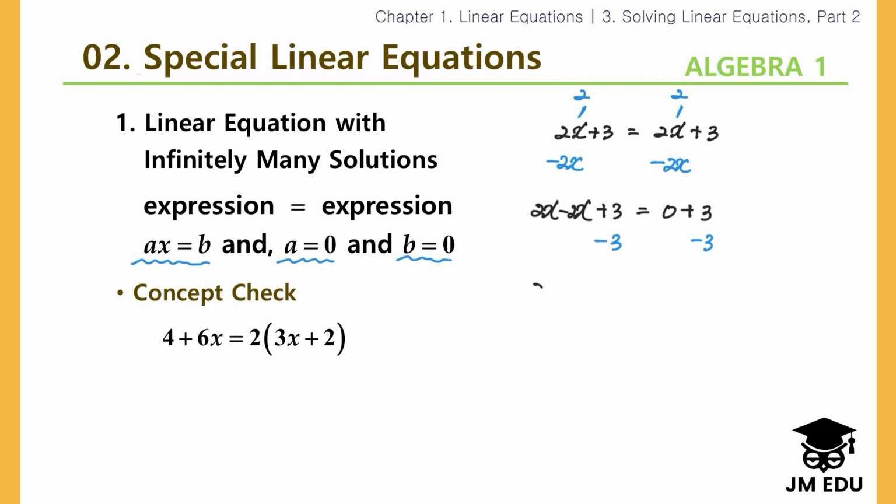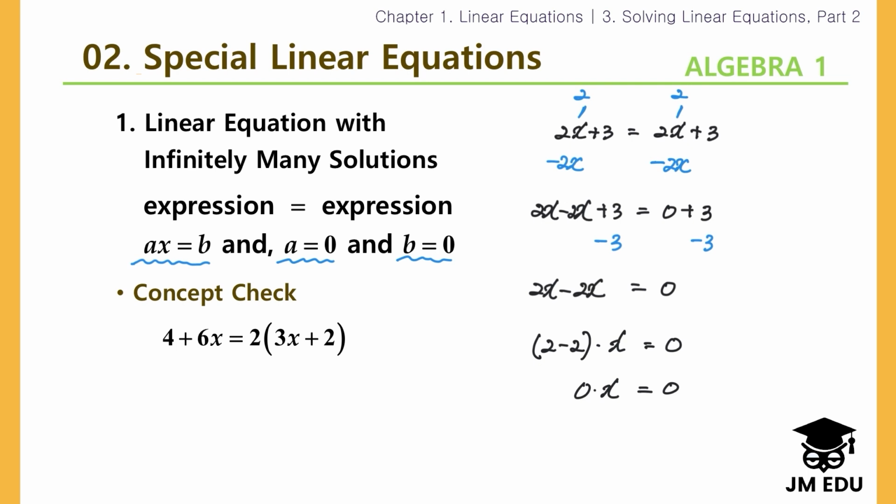So we have 2x minus 2x is equal to 0 plus 0, 0, right? So using the distributive property, we can write 2x minus 2x as 2 minus 2 times x is equal to 0, right? And 2 minus 2 is 0. So 0 times x is equal to 0, right?